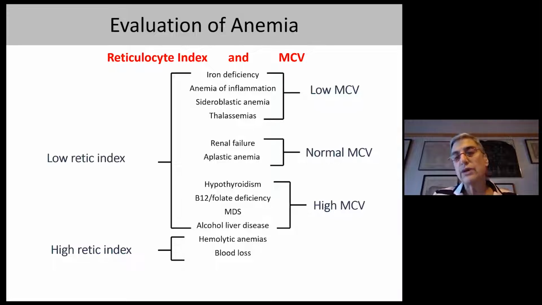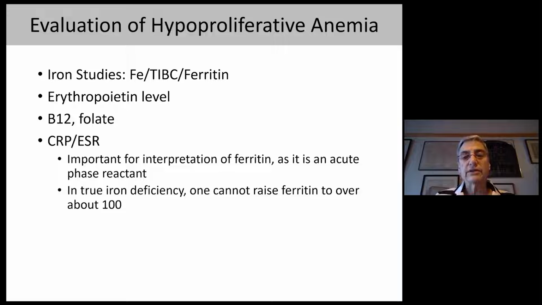So if I'm looking at a patient with anemia, there are a few tests that I automatically do, which cover most of the waterfront here. Obviously, if it's a high reticulocyte index, that's a very different set of tests, but with a low reticulocyte index, the main tests that I check are iron studies.